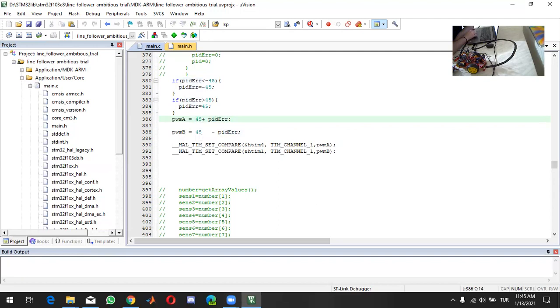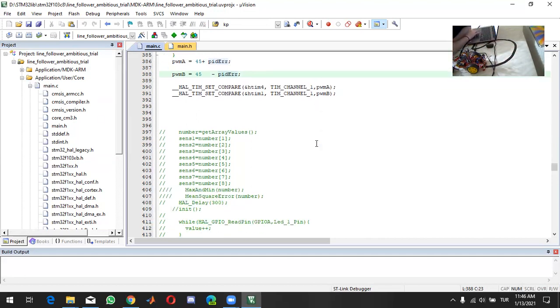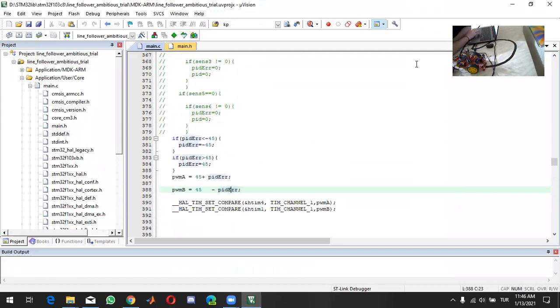So I have to define some points to make the wheel turn. After all, I define the PID errors here. One of them is plus, one of them is minus. That means one wheel is turning and the other doesn't turn, so we can regulate our QTR-8RC sensor to the middle of this black line. So this is the whole code that I did.